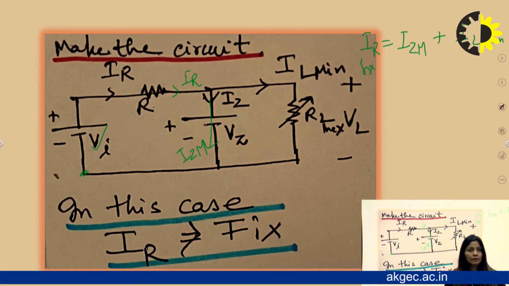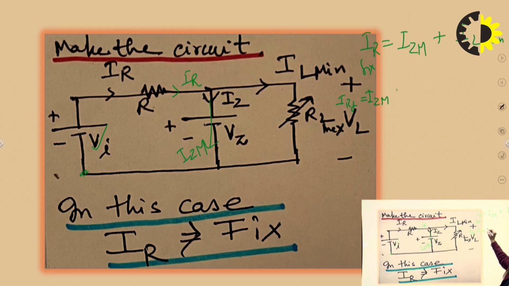Okay, understand. For maintaining it at a constant value, IR fixed is equal to IZ plus IL, and IZ is already given, it is maximum. So IL should be very minimum, that is IR is fixed and IZ maximum, then IL should be minimum, because this is a fixed constant value.